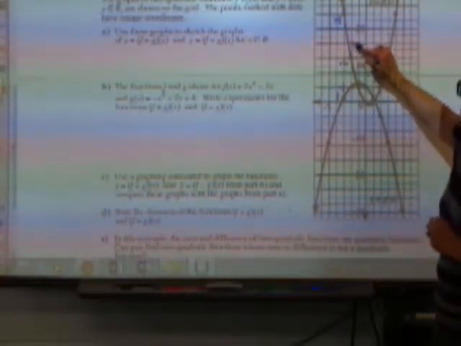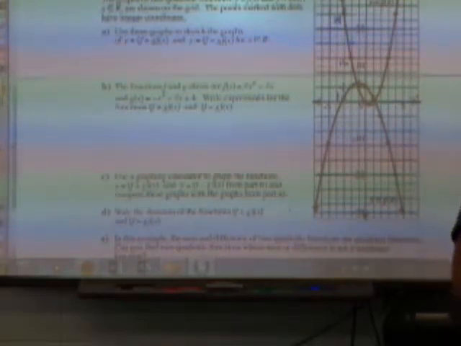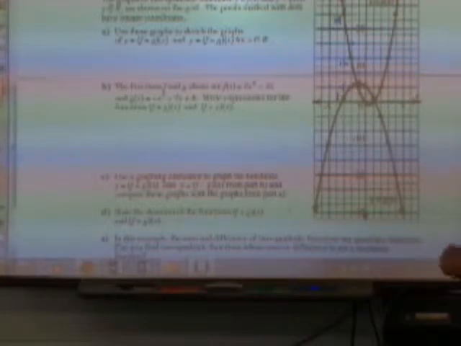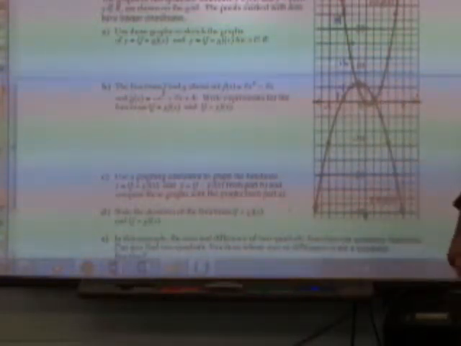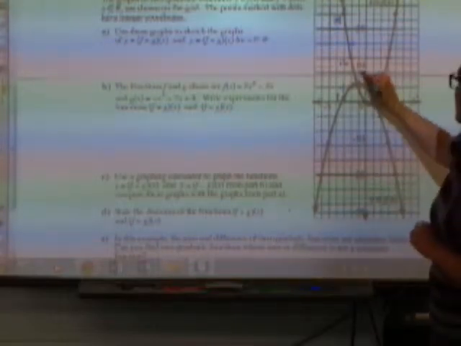So then my point goes on 16. So what are my two y values when x equals 2? 4 and 5. So when I add them together, I get 9.